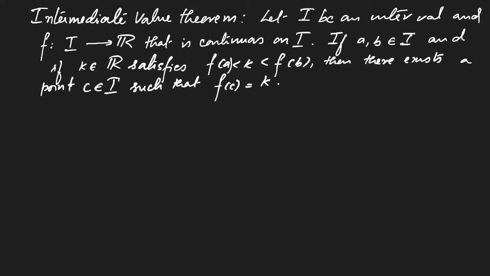Let's see how we can prove it. We had seen that the intermediate value property is a consequence of the fact that there are no gaps on the real line. For example, we had seen that if you have a function from the rational numbers to R, then it need not satisfy the intermediate value property. We had seen that as an example when we discussed the intermediate value property in the first video on continuity.